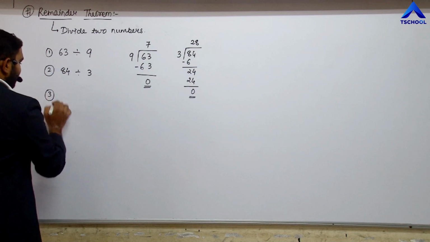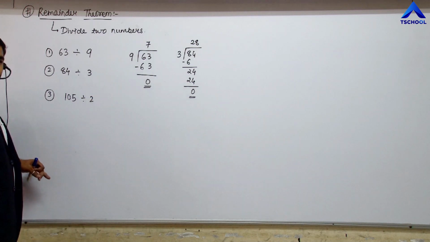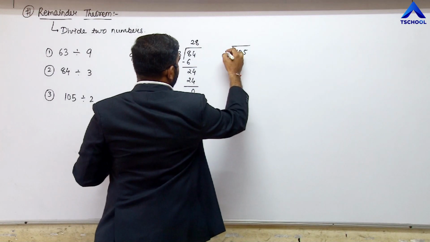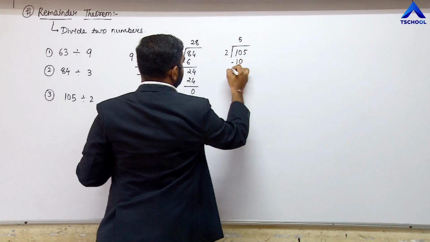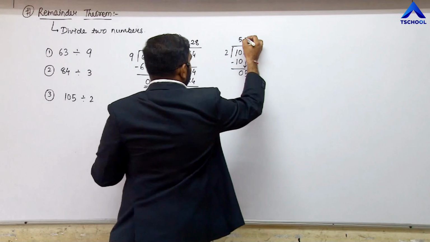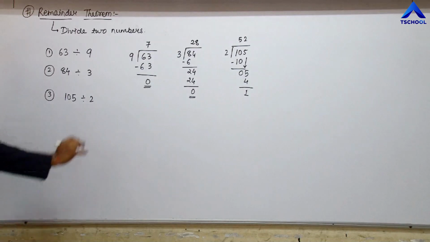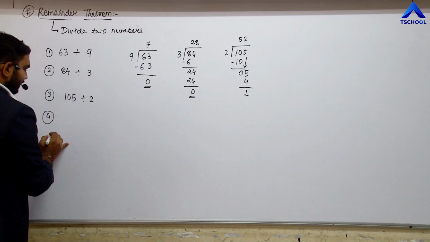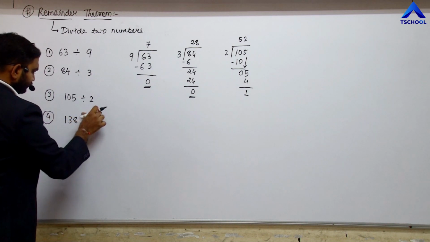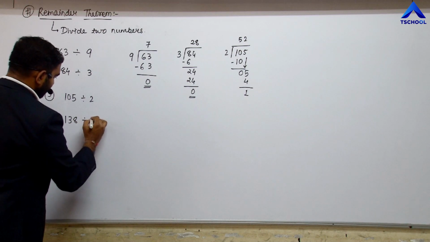If I take for example 105 divided by 2, right? What happens here is 105 when divided by 2 gives 2 into 5 is 10, subtraction is 0, and this 5 will be carried down here, so that becomes 2 into 2 is 4, with a remainder 1. Let me take another example, 138 to be divided by 5.